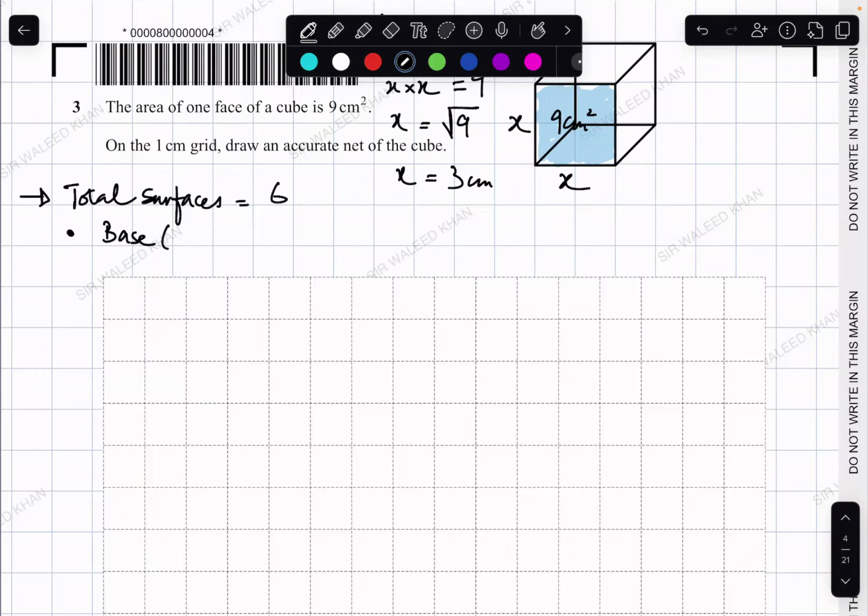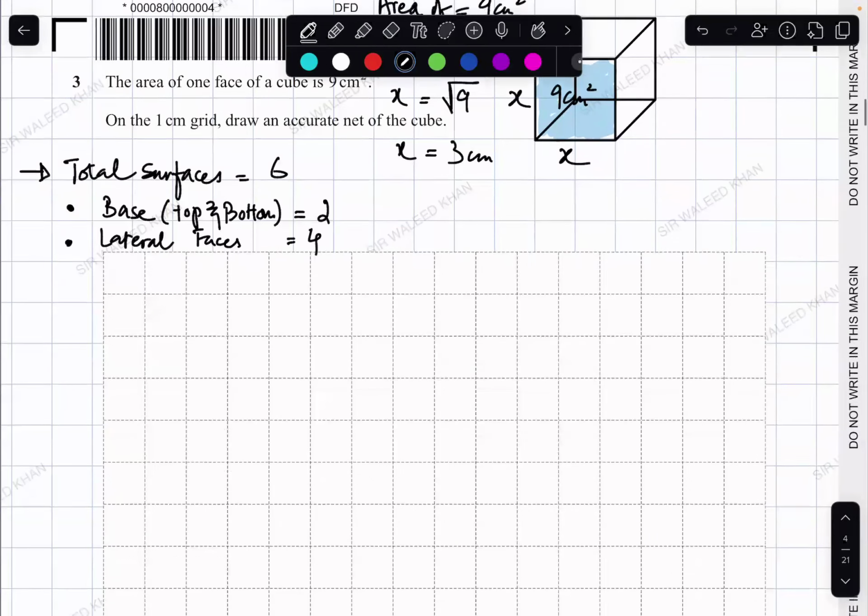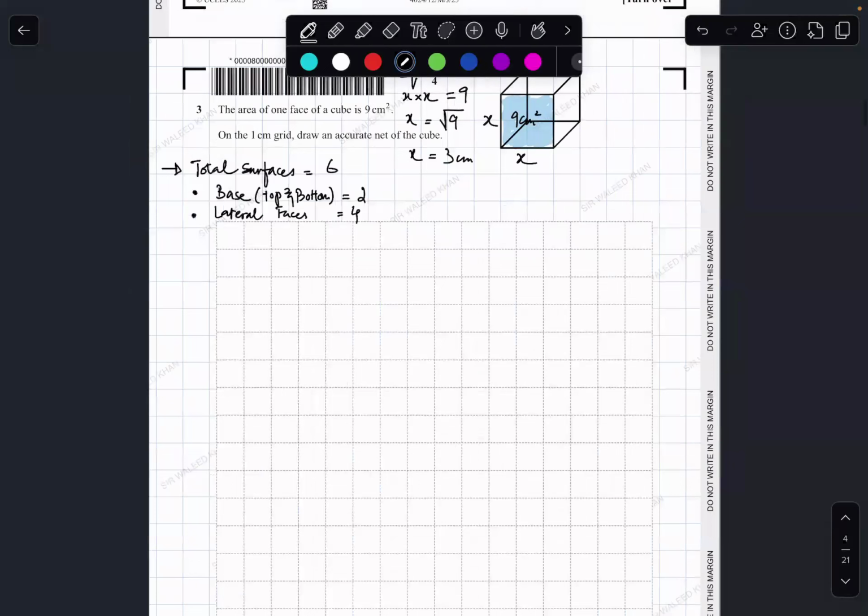Okay, the top and bottom. The rest can be considered as lateral faces. 4. And all will have the same dimension.